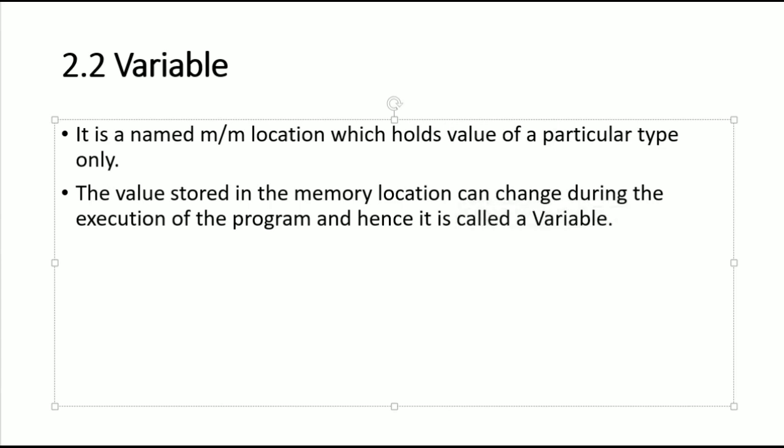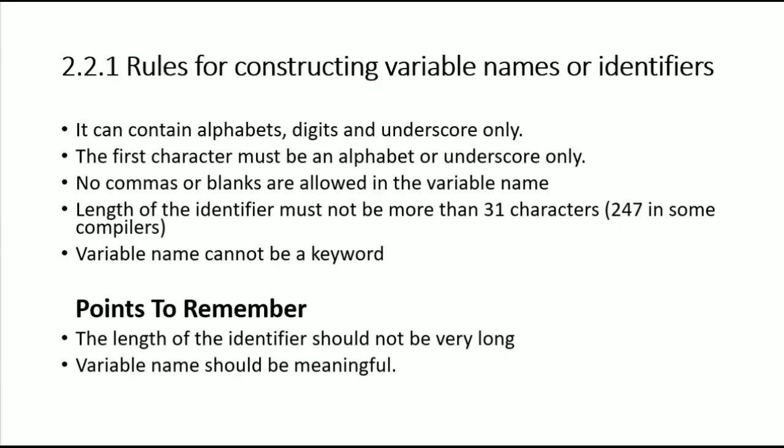So for example, if a named memory location, let's say x, at one point of time is holding 4, at a later point of the execution it may get changed to 10, 100, or any random number. So that's why it's called variable. That means it is going to vary.